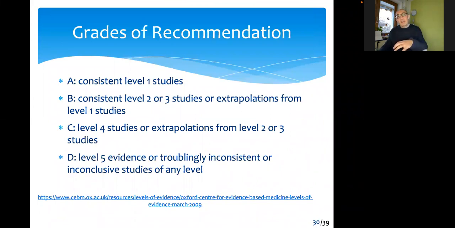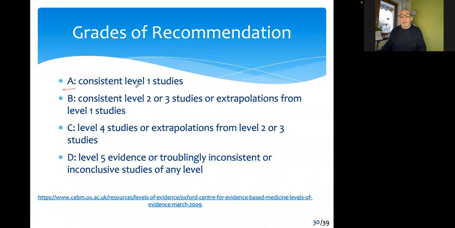After we have the evidence, the best evidence or whatever evidence we have, we need to make a conclusion, a recommendation. And these recommendations, also based on the evidence, have their grades. If you have very strong evidence to make a good recommendation, then you call it a grade A recommendation.